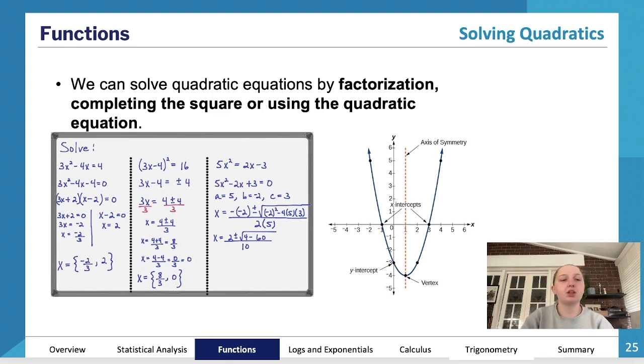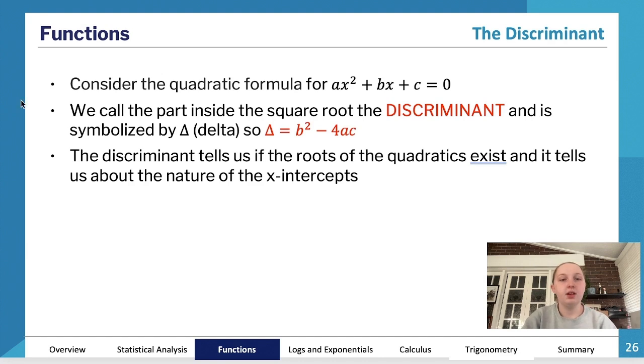Okay, so then we've got the discriminant, the last bit of functions that we're going to be looking at today. So when you're looking at your quadratic, you've got ax squared + bx + c = 0. When you solve this using the quadratic equation, the part you put inside the square root is called the discriminant.